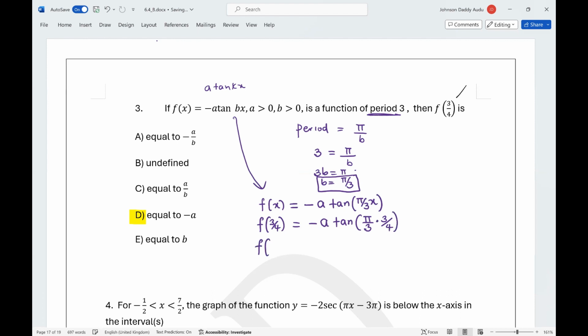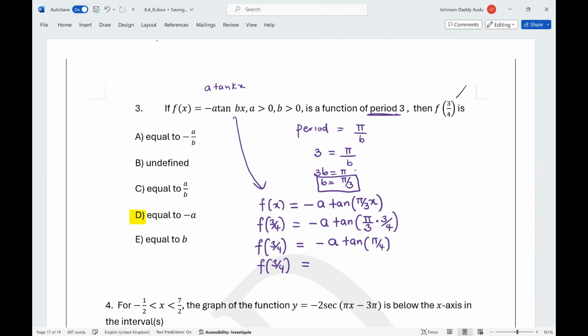So this will give us f of 3 over 4 equals minus a tan. The 3 will go with 3, so this is just pi over 4, right? So f of 3 over 4 equals minus a times tan pi over 4, which is 1, yeah? So this is just minus a.